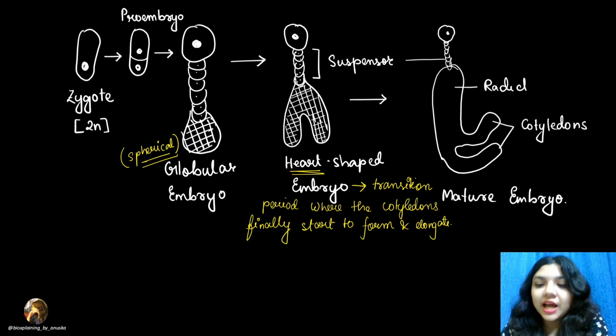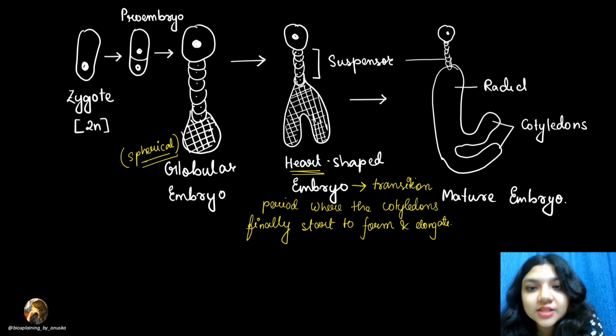Then what we have the mature embryo. So according to your NCERT, the mature embryo stage is given after the heart stage, but there also exists a stage in between. So in between heart stage and the mature embryo, we have another stage which is known as the torpedo stage.